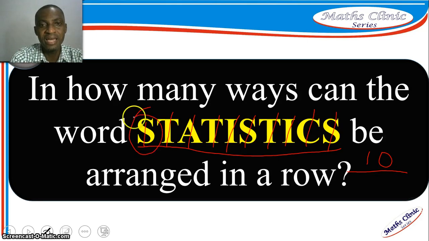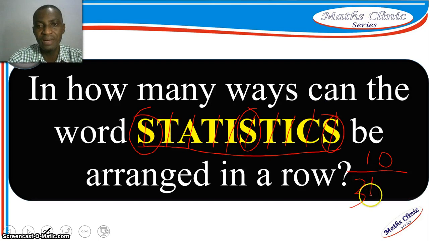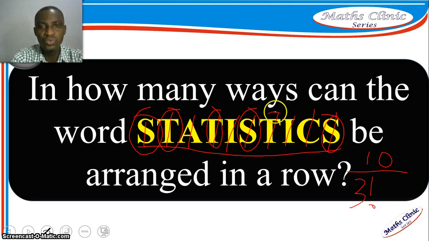S is repeating, and how many times? 3 times. So we say divided by 3 factorial. Then there's another type that is repeating, T1, T2, T3, another 3 factorial ways will be multiplied down there.